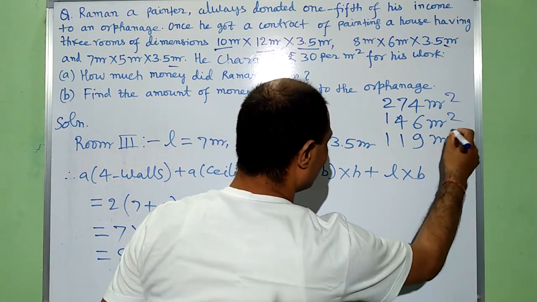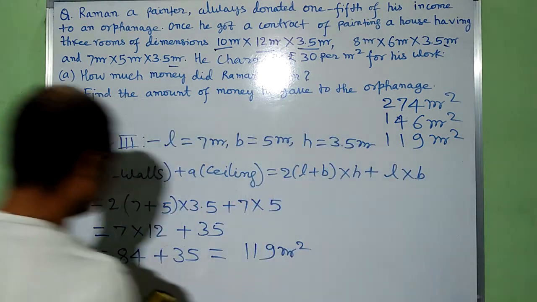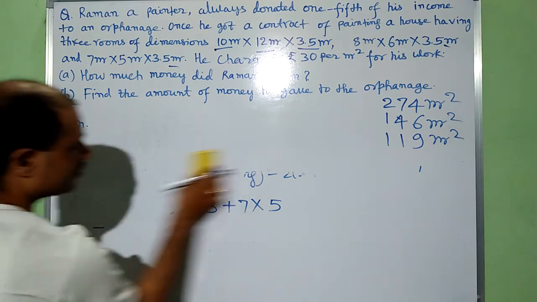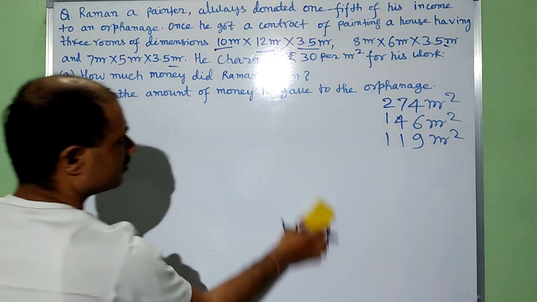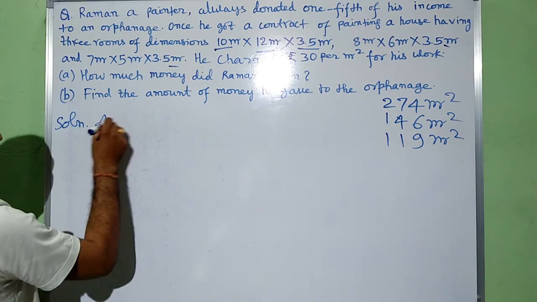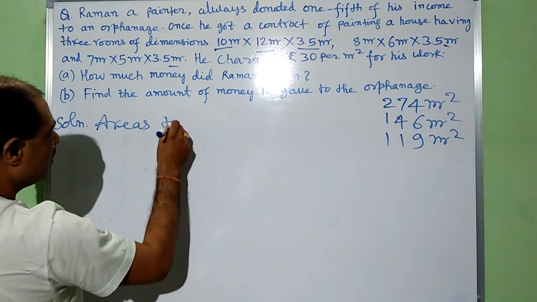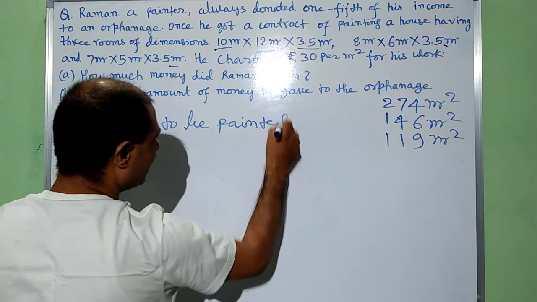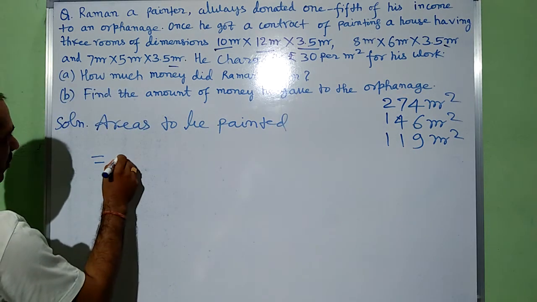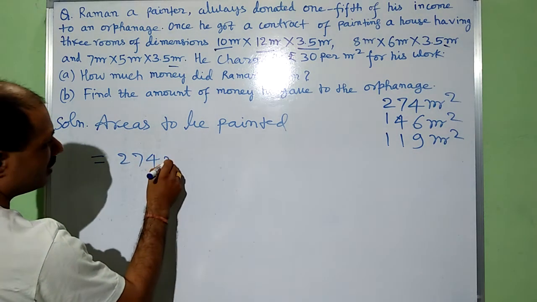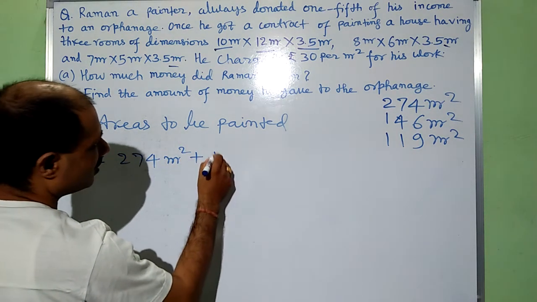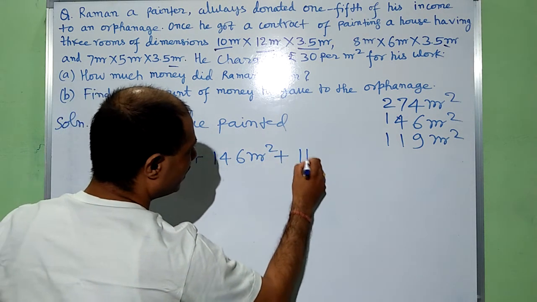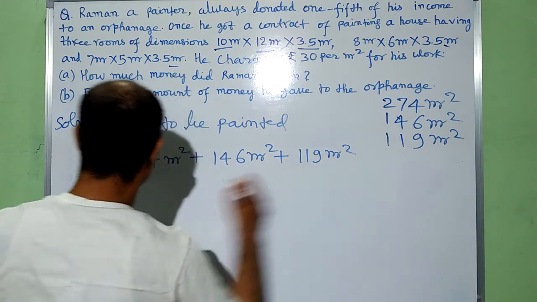Now, total area to be painted. Hence, area to be painted is equal to 274 meter square plus 146 meter square plus 119 meter square.